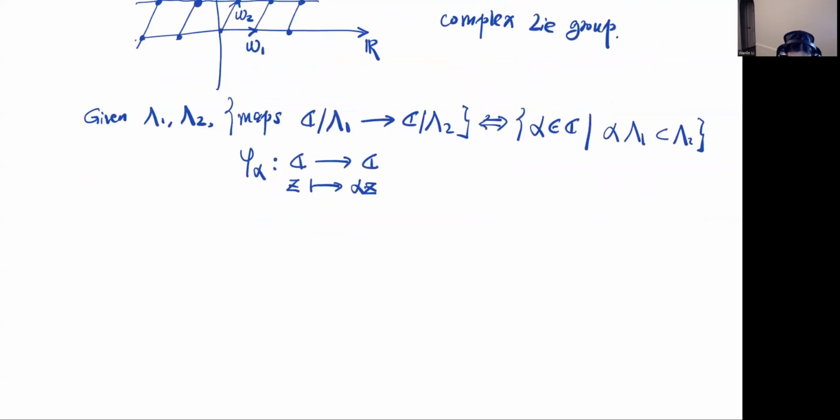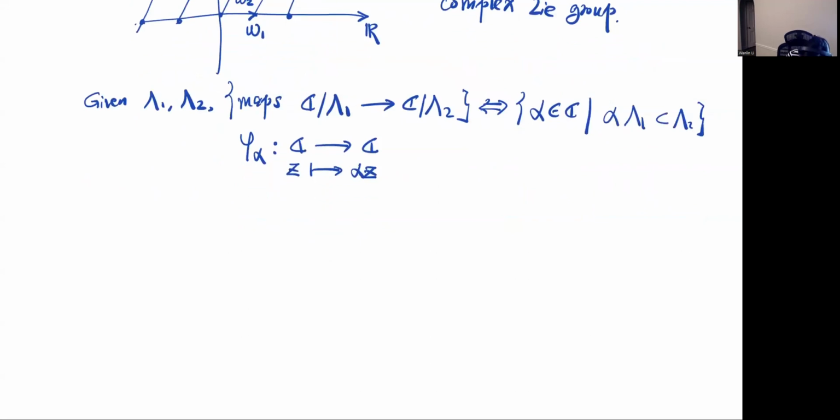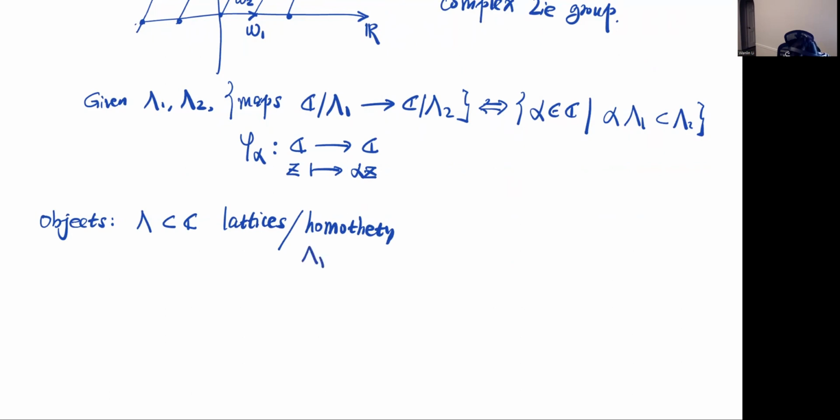Great. So this gives us a category where objects are lattices, lambda in C. And on the set of lattices, I can define an equivalence condition, which is called homothety. Two lattices are homothetic means that there exists alpha such that lambda 1 literally equals alpha times lambda 2.